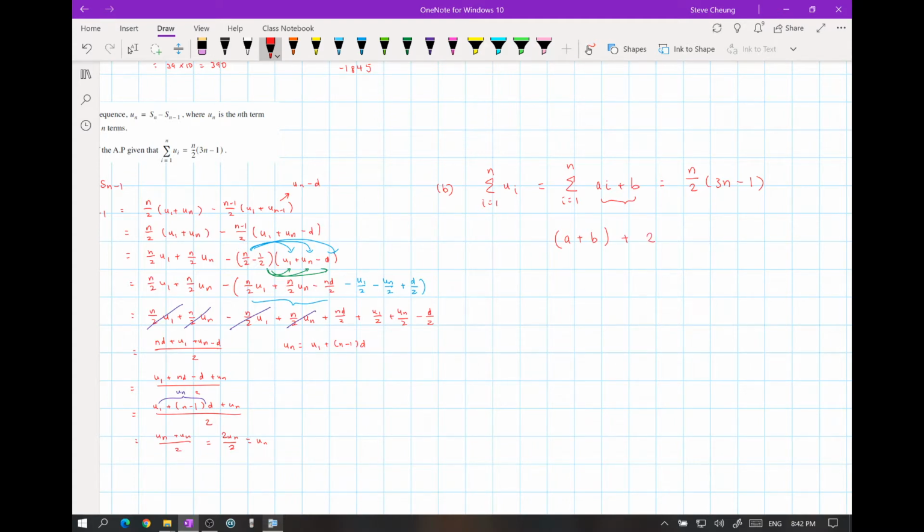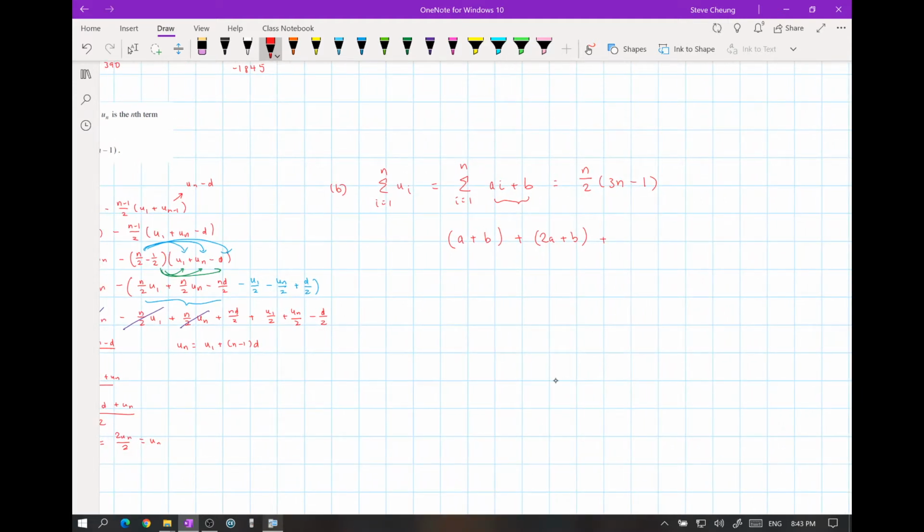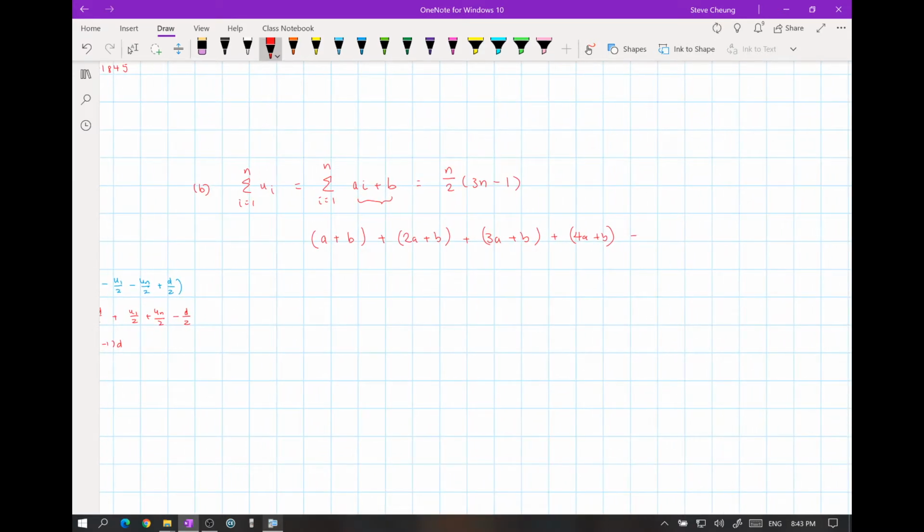When I is 2, I have this. Plus 3a plus b plus 4a plus b. And then we want to do it for n terms. So that means na plus b. Okay. So this is full expansion.